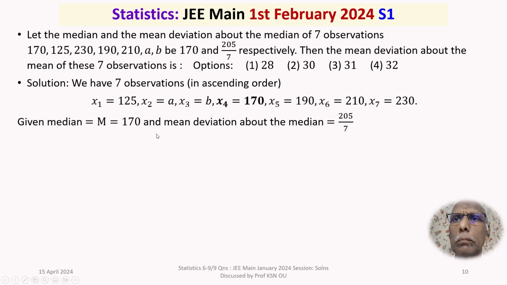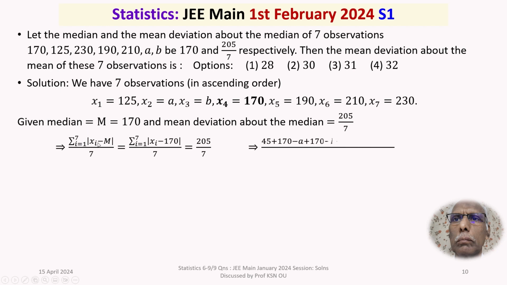It is sigma i equals 1 to 7, |xi minus M|, that is the deviation from the median of every observation, divided by the number of observations, that is 7. That is equal to sigma i equals 1 to 7 |xi minus M|, the median is 170, whole by 7 is equal to 205 by 7, the 7 cancels.